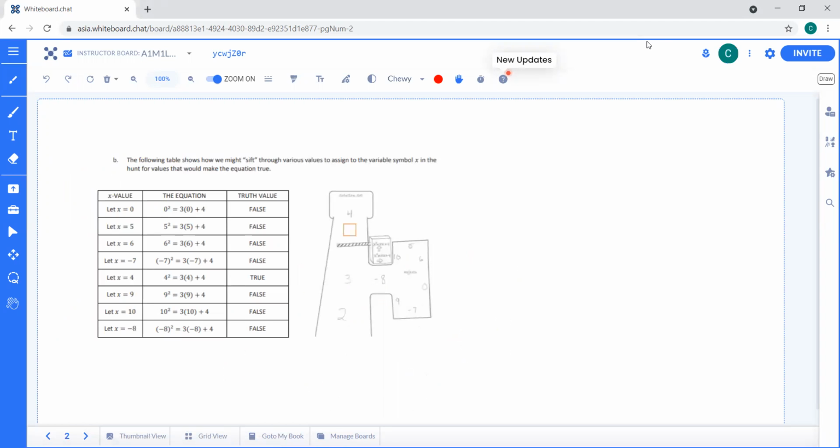Okay. So the next page says the following table shows how we might sift through various values to assign to the variable symbols in the hunt for values that would make the equation true. So that was the equation we were talking about just earlier. I said this would make it true, but all the other ones were false.